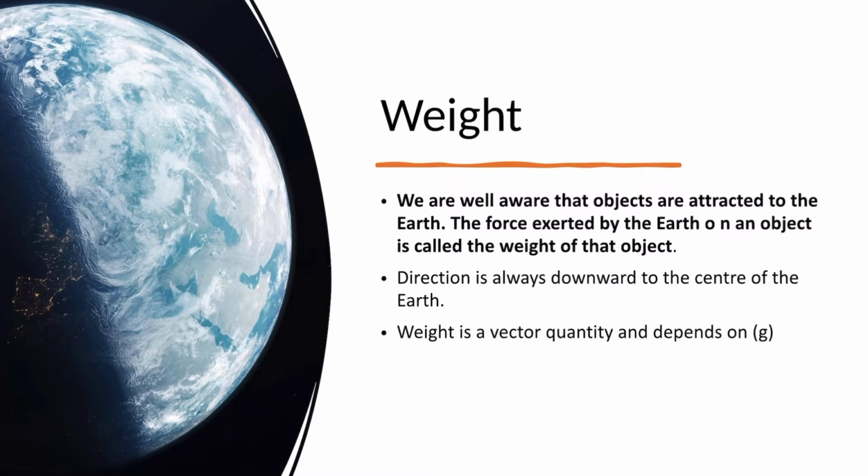This gravitational force is different from planet to planet. For example, on the Earth, the gravitational force is different from that on the Moon or on Mars or other planets, and the reason is that the planets have different acceleration due to gravity, which is shown by g.